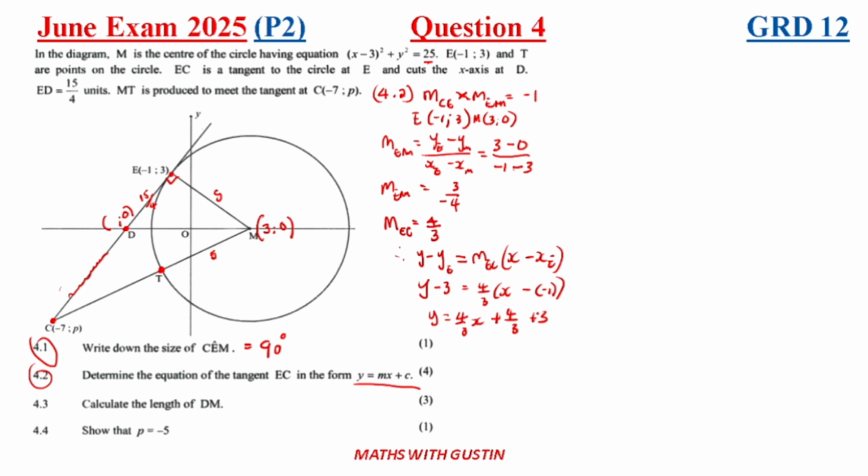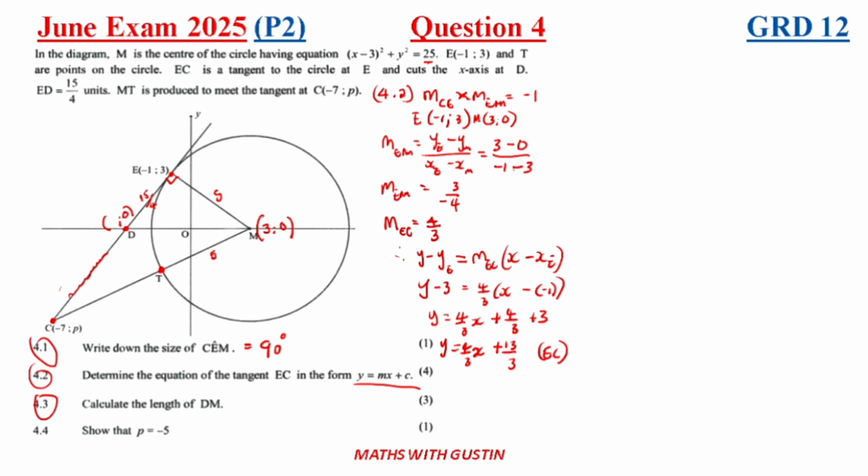From this side you took 3 to the other side, therefore y is equal to 4/3x, and let's see, together the fractions will give us 13/3. So therefore this will be the equation of our tangent EC. Great stuff.